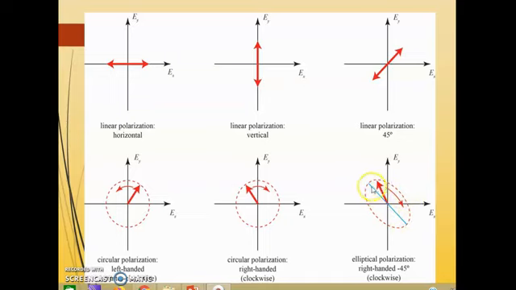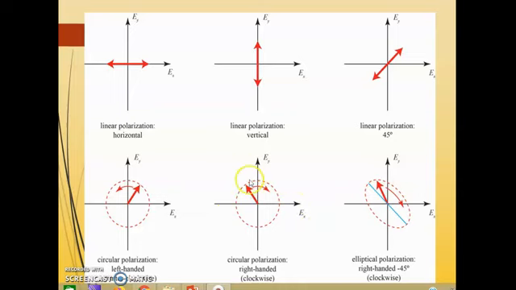It is maximum along the major axis and minimum along the minor axis. So when you put an analyzer, what will you see? You will see the maximum intensity of light when your optic axis is along the major axis of this ellipse, and a minimum intensity when you place it along the minor axis. But the intensity is never equal to 0.